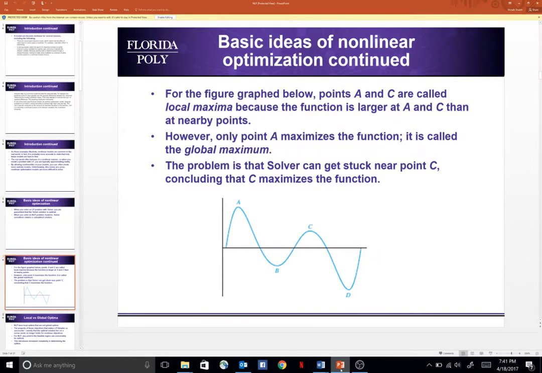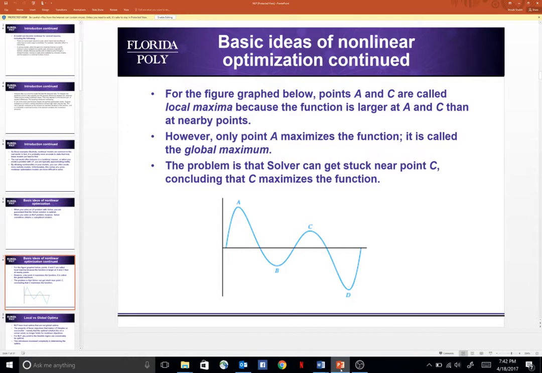So continuing, the basic idea of nonlinear: if we had a nonlinear function as displayed here, depending on where I started to conduct my optimization, it would give me a varying response.